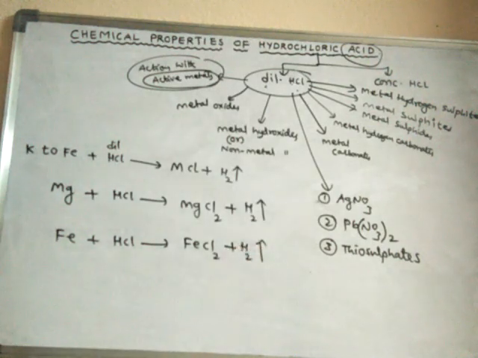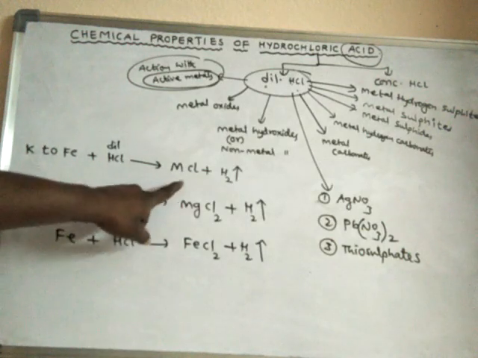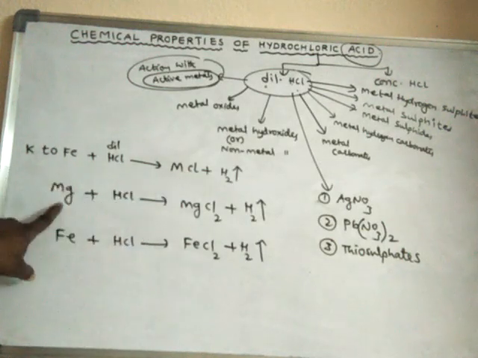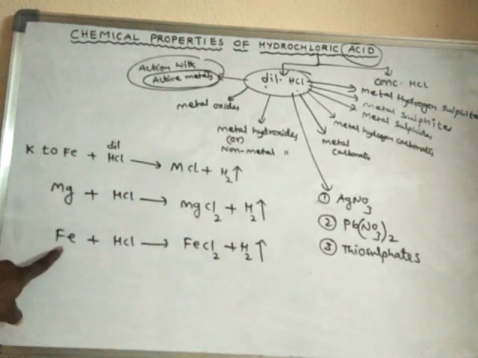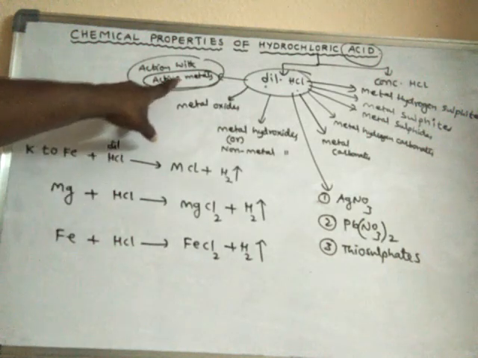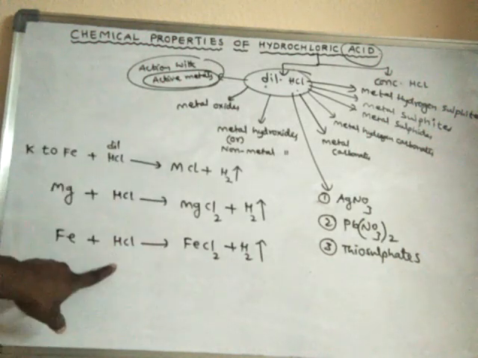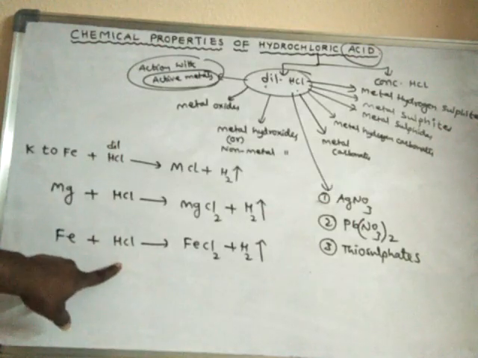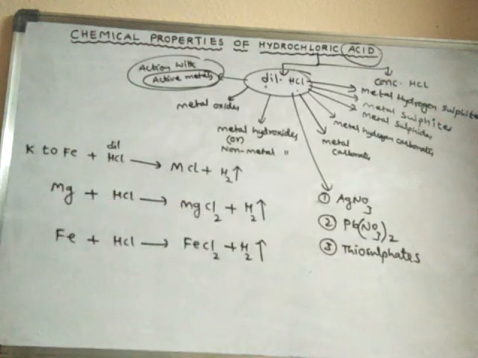So like this, active metals react with dilute hydrochloric acid to form metal chlorides, and hydrogen gas is liberated along with this.